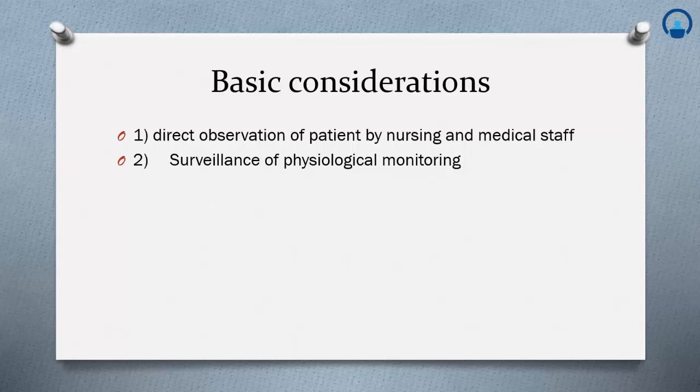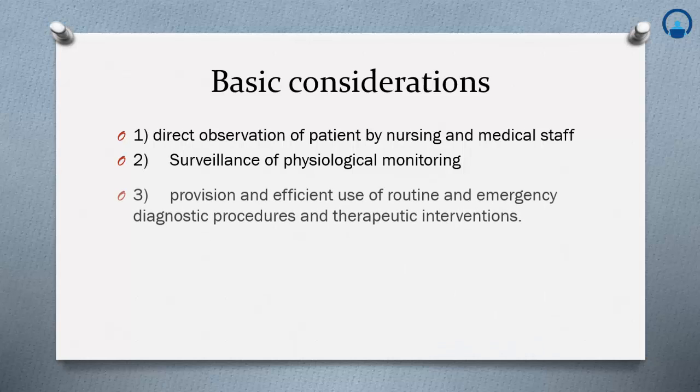So it would have an impact on the hospital image. If anything goes wrong in an ICU, it can be a very gross mistake paid for with the patient's life, and it would create a lot of bad image for the hospital name. That's why surveillance of physiological monitoring should be continuous.